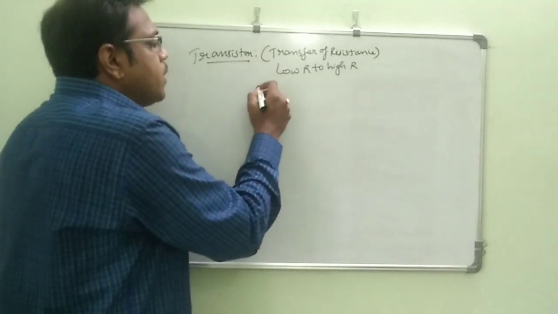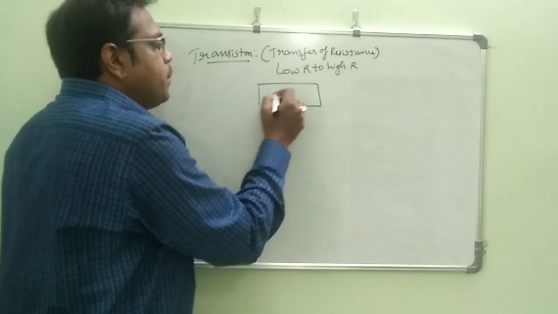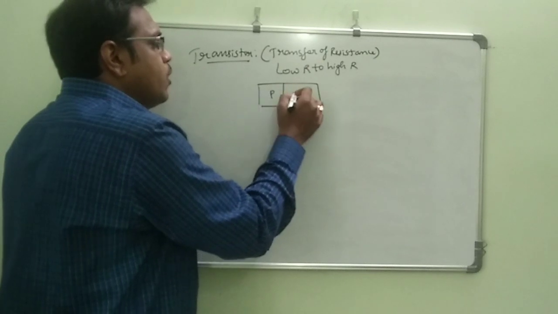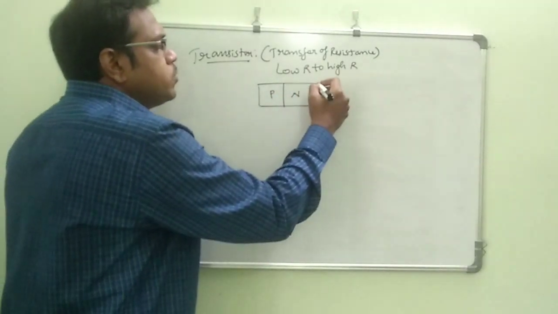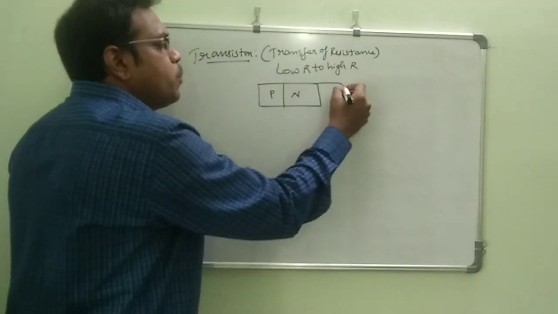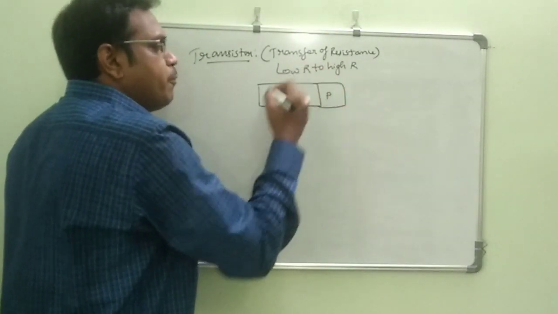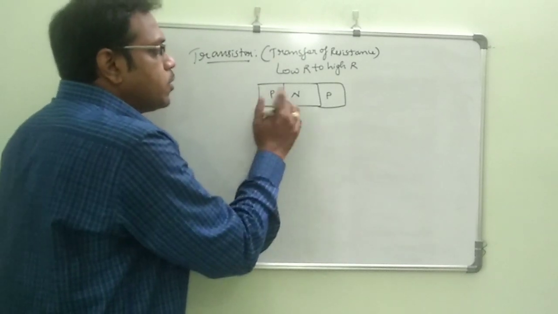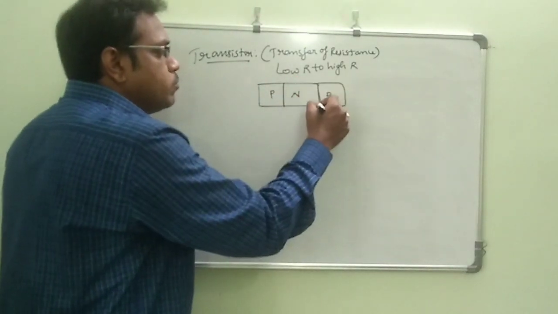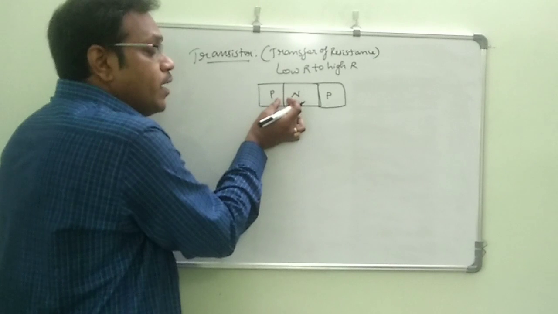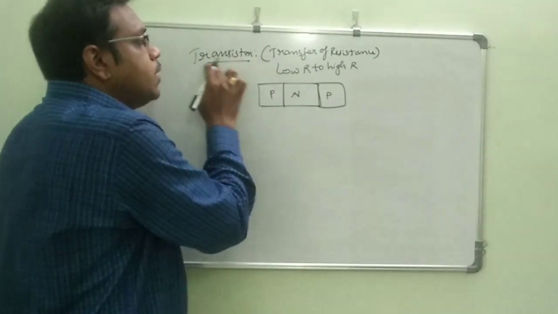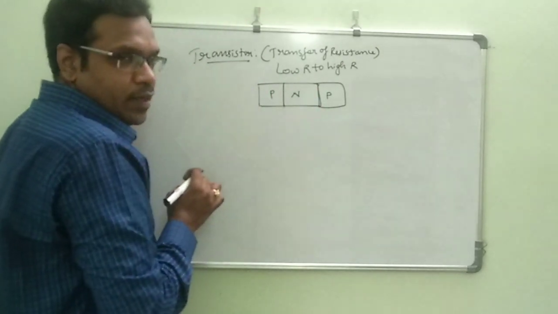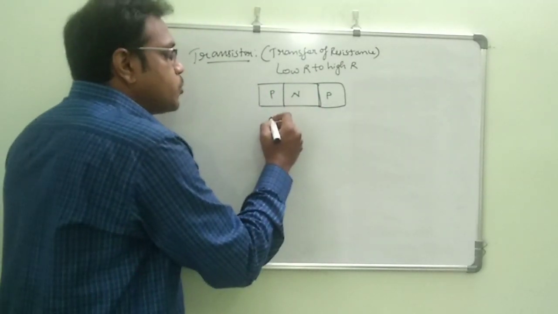For this I am taking a PN junction, a normal diode. In the same crystal, if I dope another P material, I will get 2 junctions, 1 and 2, because in a PN junction diode there is only one single junction, but in a transistor 2 junctions will be there.